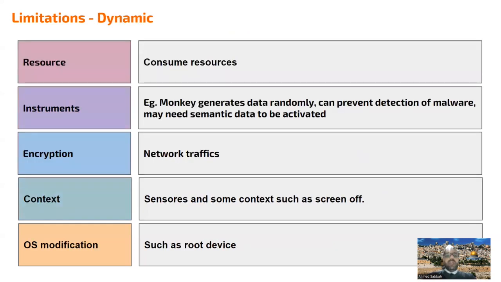For the dynamic analysis, the first limitation is that it consumes resources. To monitor the application at runtime, you need huge resources to set up the environment if you're using a virtual machine or an emulator. For the instruments used to run the experiment, you need more than one tool and more than one agent.